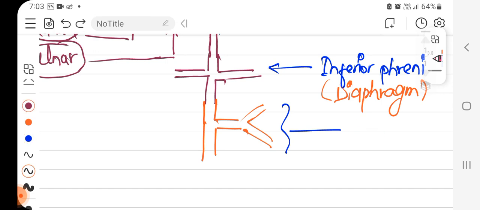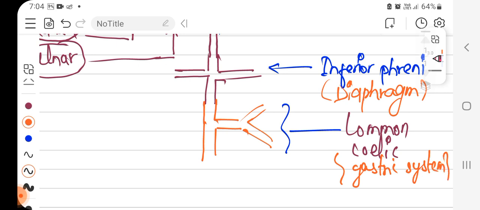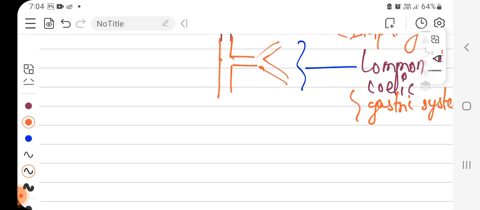It is known as the common celiac, no need to write artery.